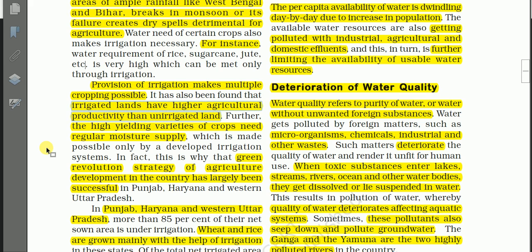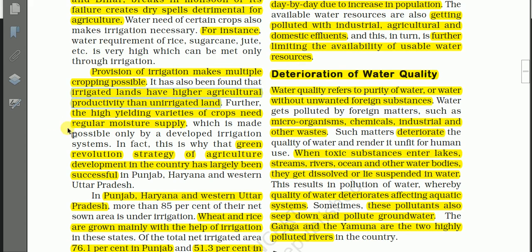Further, high yielding varieties of crops need regular moisture supply, which is made possible only by developed irrigation systems. Nowadays most of the farmers are using high yielding varieties of seeds, and these HYV seeds require regular supply of water, and that is why we need irrigation.